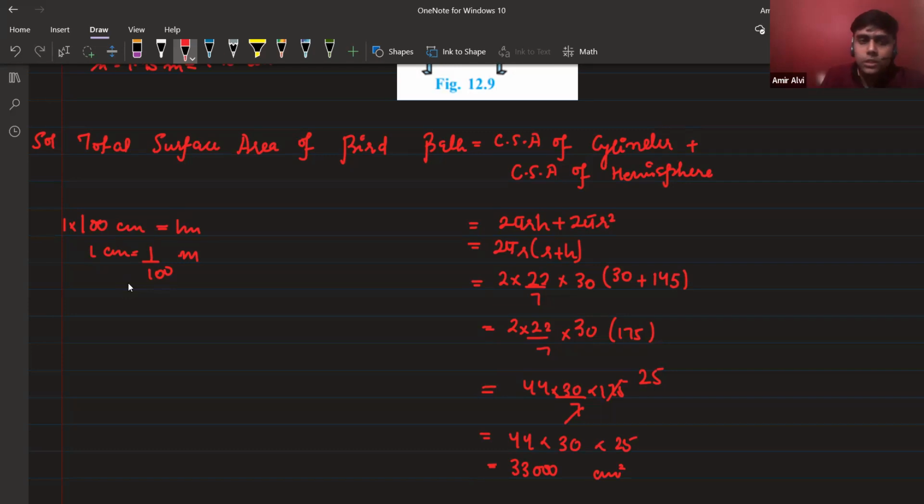Yes, sir. So square both the sides. If you need the square area, it is centimeter square. Squaring both the sides will give you 1 by 100 into 1 by 100, 1 by centimeter square. Centimeter into centimeter will be centimeter square. Similarly, meters will become meter square. Clear? So 1 by centimeter square, how many zeros are there? Can I write it as 10 to the power 4 meter square?